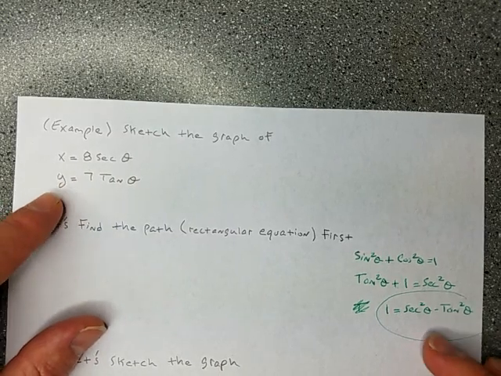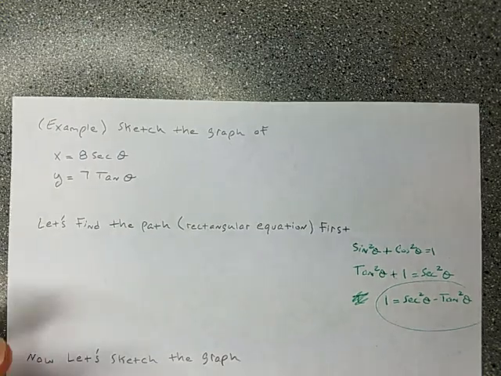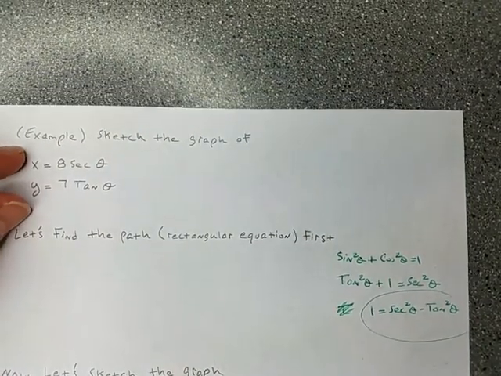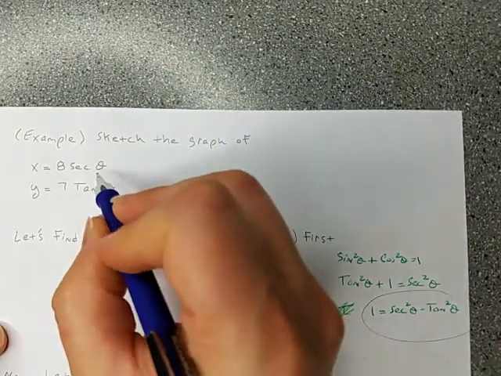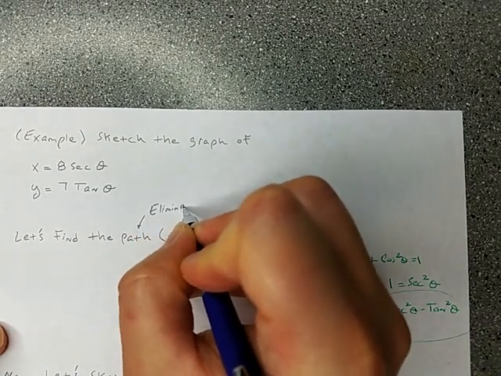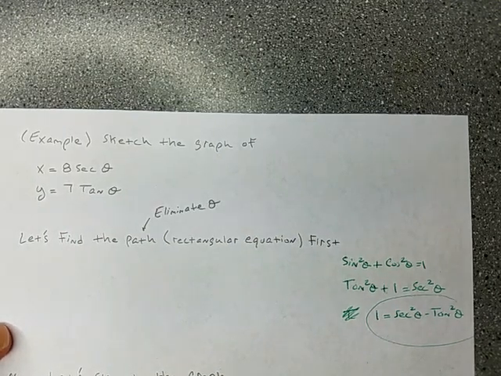I'll use it in a similar way to how I've done sine and cosine with some other problems. Okay. All right. So here goes. Let's work on this. See if we can find the path. That will involve eliminating the parameter. Okay. How can we eliminate the parameter? How can we eliminate theta?